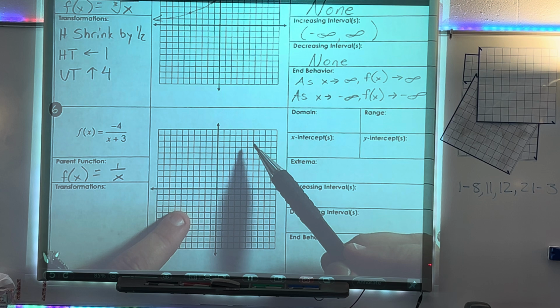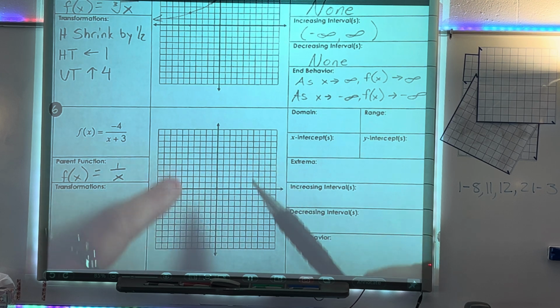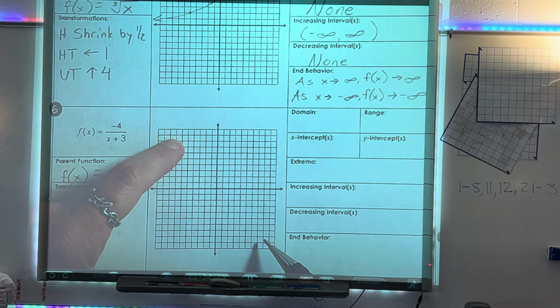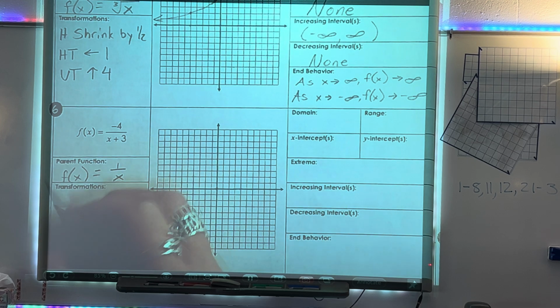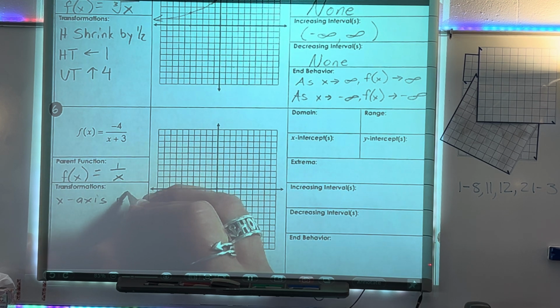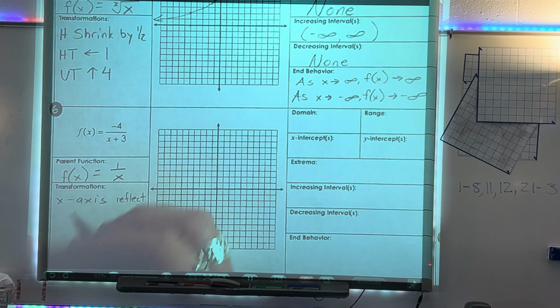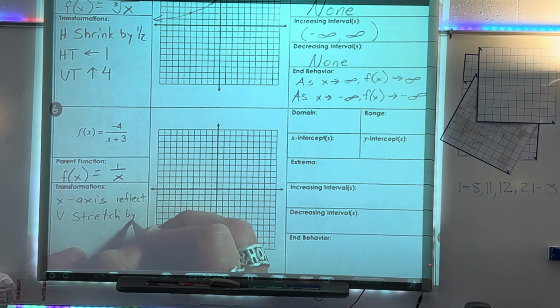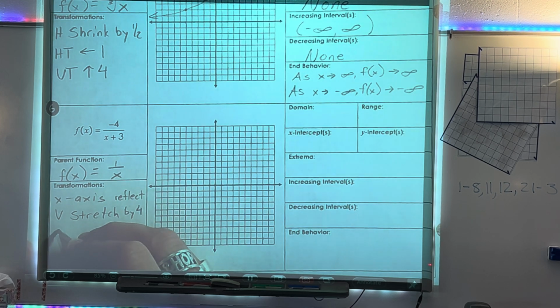But there's a reflection, so these quadrants. That's an x-axis reflection. The 4 is a vertical stretch, because I could separate it out. Be stretched by 4.